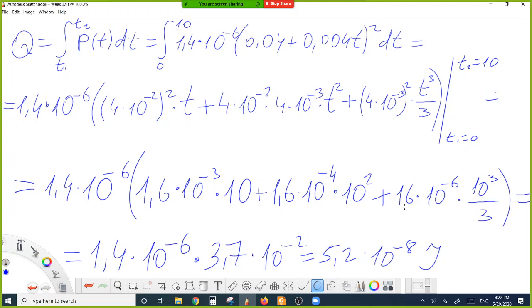The heat released by our loop in the time interval from 0 second up to 10 second is equal to 5.2 10 to minus 8 joule.